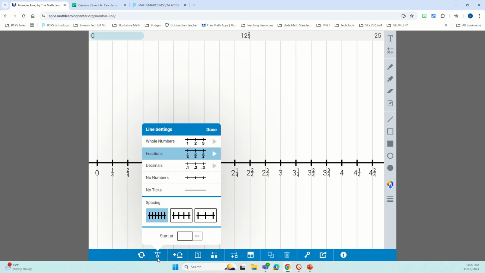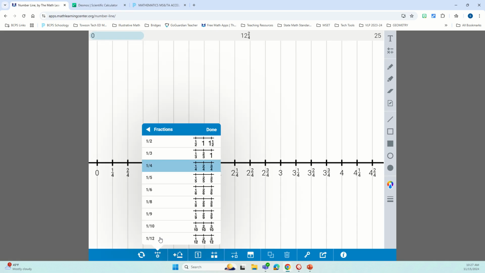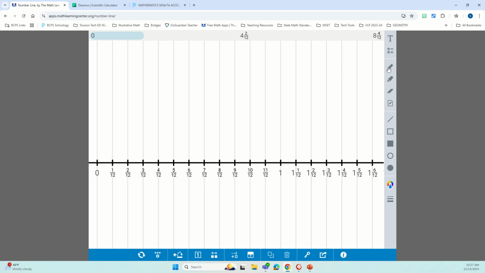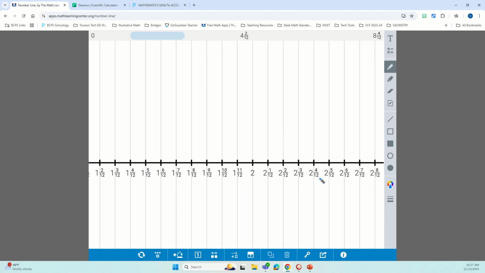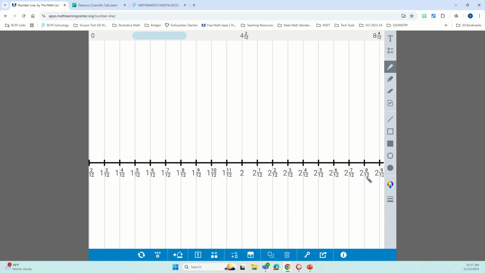All right, so I'm going to come down here. I'm going to change my fraction to 12ths, and I'm going to find 2 and 8/12. I got to scroll over a little bit. It's a lot. We're going to count by a lot here. 2 and 8/12. That's where I've got to get to. Remember, 2 and 8/12 is the exact same thing as 2 2/3.